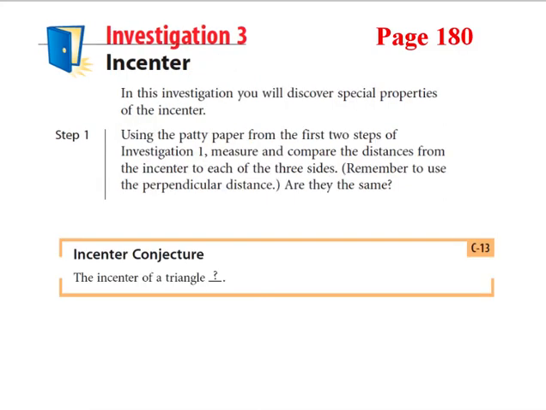All right, so now it says using the patty paper from the first 2 steps of investigation 1, measure and compare the distances from the in-center to each of the 3 sides. So once again, you should have it labeled. So find the distance from the in-center to the 3 sides.